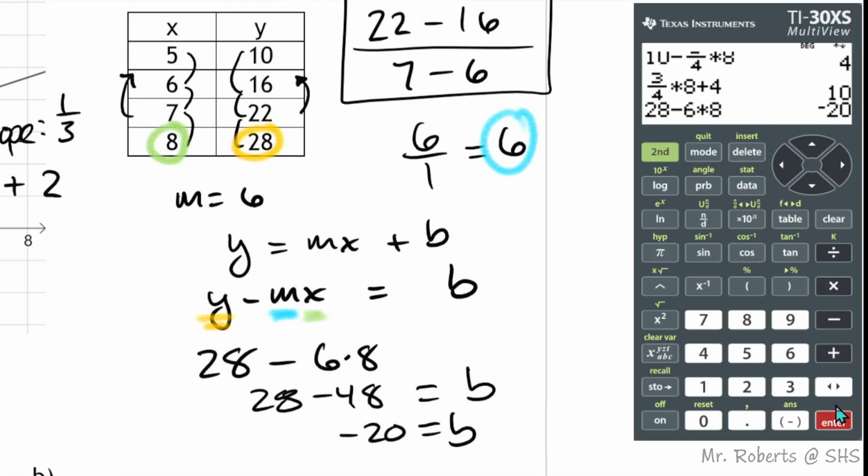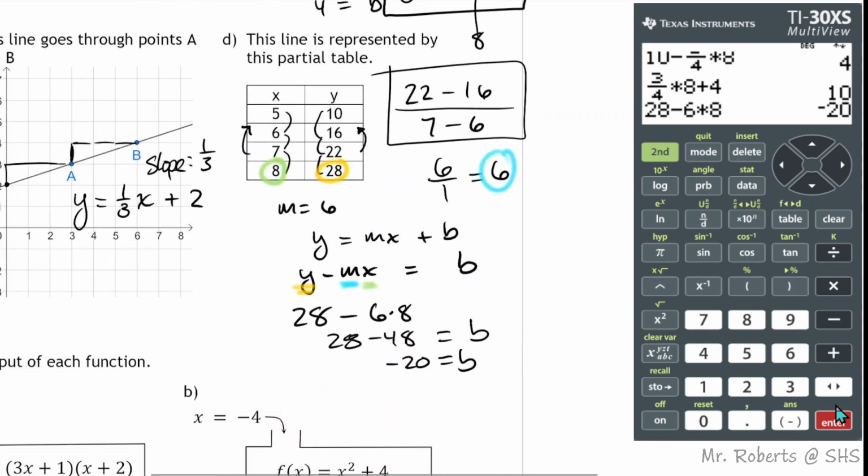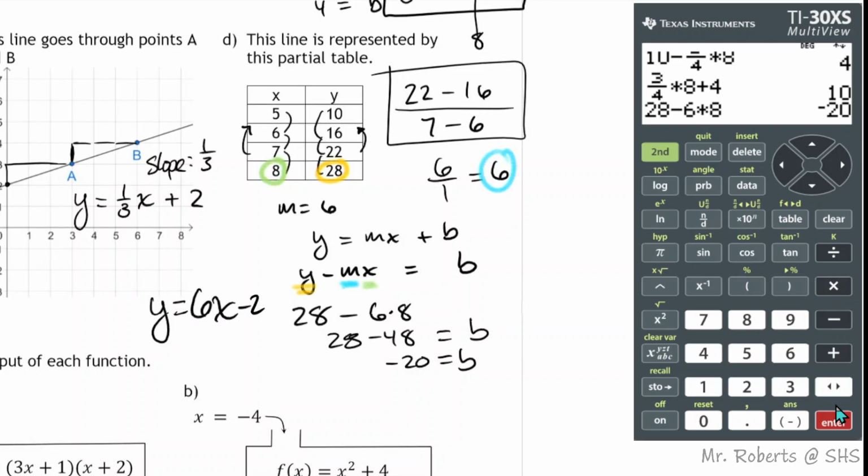So I've got my y-intercept. My y-intercept is negative 20. My slope was 6, so I'm ready to write the answer. The equation here is y is equal to 6 times x minus 20.